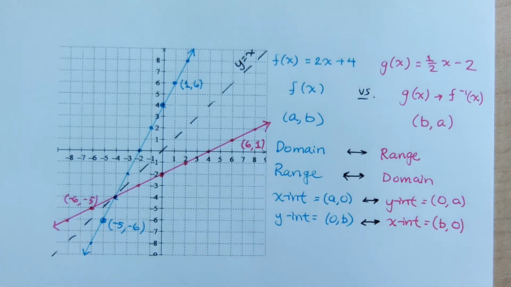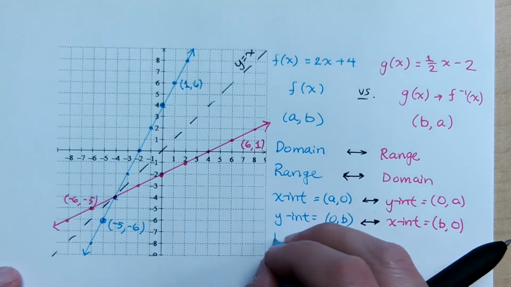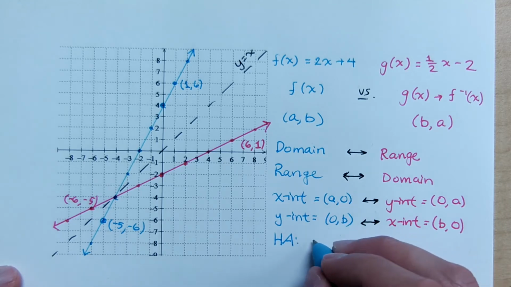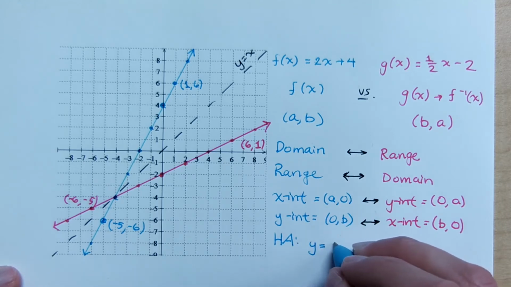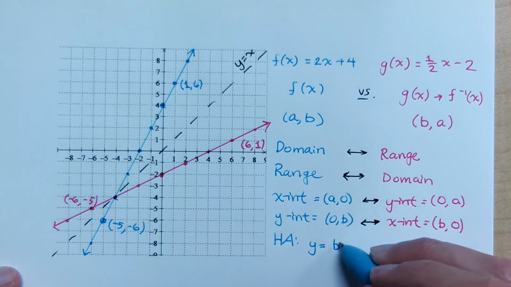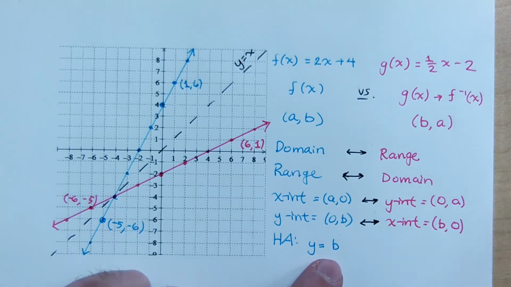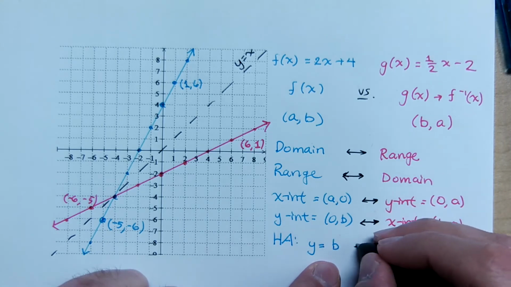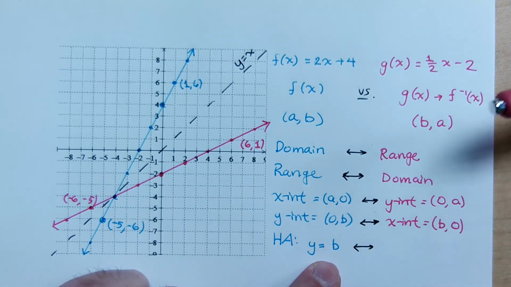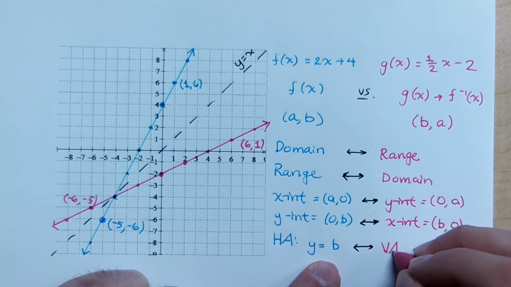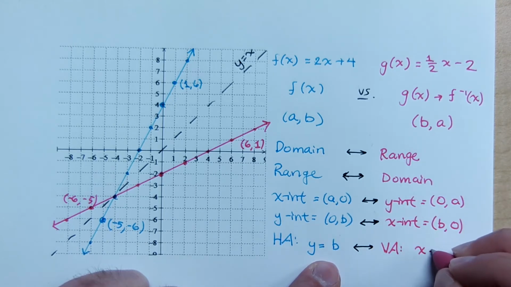Connecting back to the rational functions we were discussing in the last section, if you have a horizontal asymptote, horizontal asymptotes take on the form y equals, again, b. I'm not saying that these are the same b values, I'm just saying if you have something of this form, a horizontal asymptote would correspond to what for your inverse? It's going to give you a vertical asymptote where x is now equal to that value.